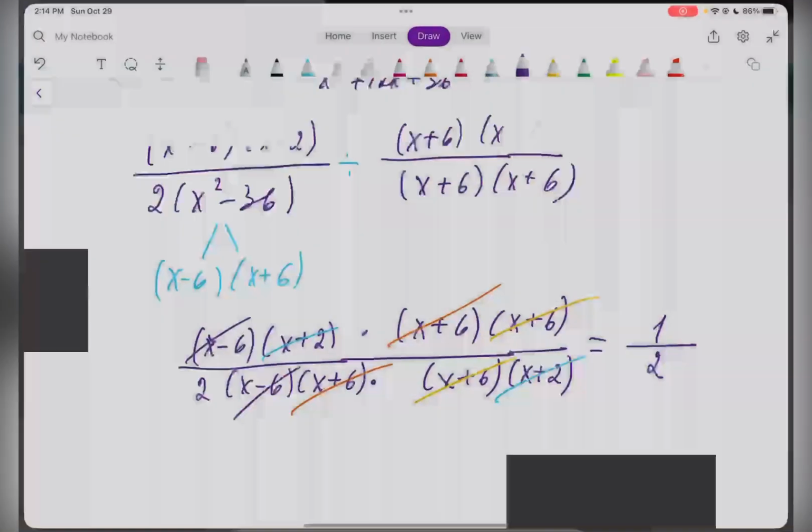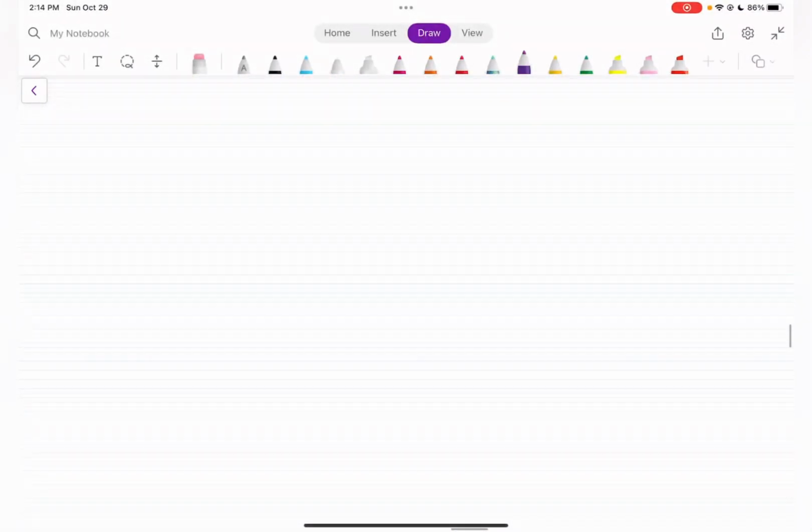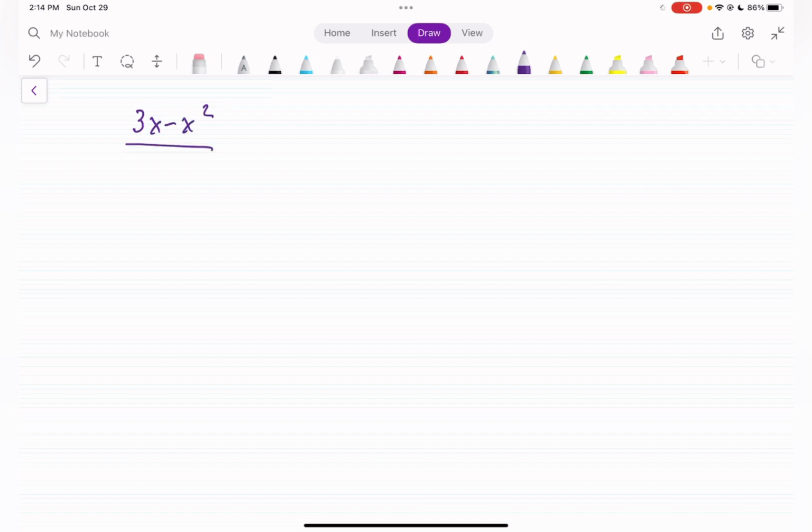Let's finish this one also, and we will be done with this problem, with this assignment. So 3x minus x squared over x cubed minus 27. Okay, we have difference of cubes. X cubed minus 3 cubed. 3 cubed is 27.